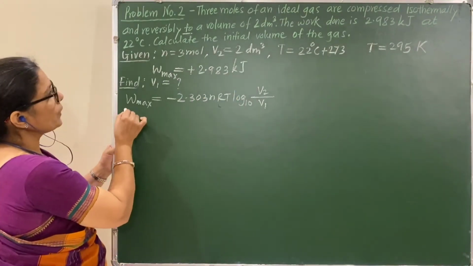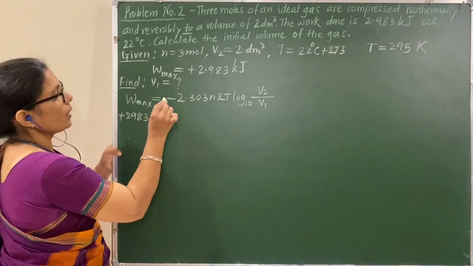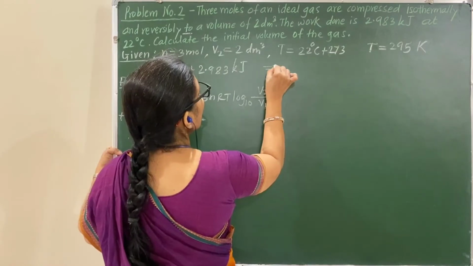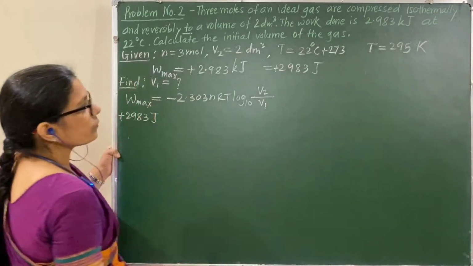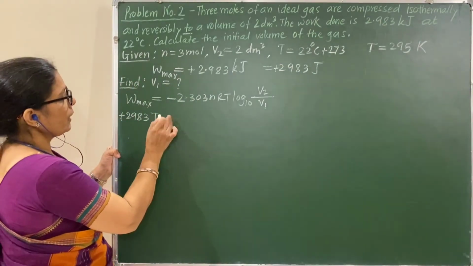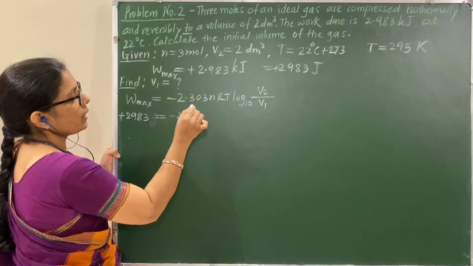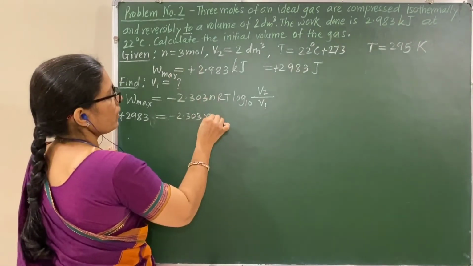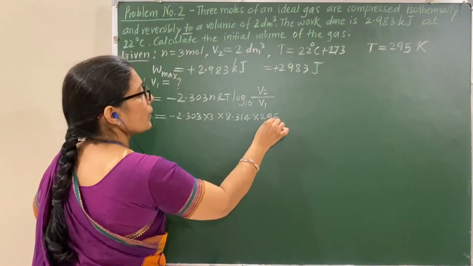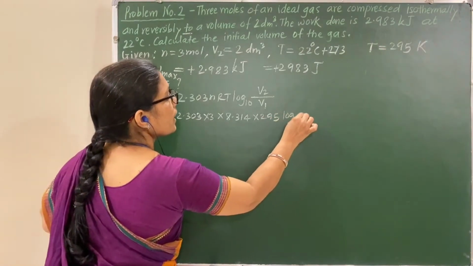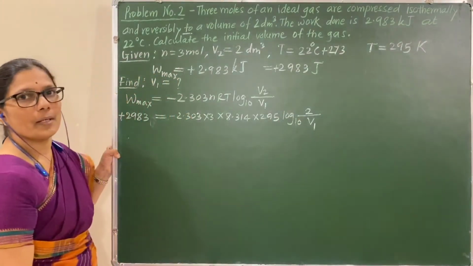Convert it into joule first, that is plus 2983 joule. Which is equal to minus 2.303 into n 3 mole, R given in the exam, T 295, log to the base 10, V2 given 2 and V1 we want to find out.